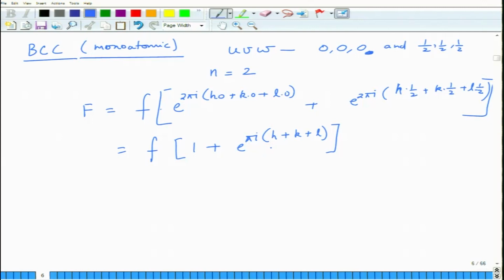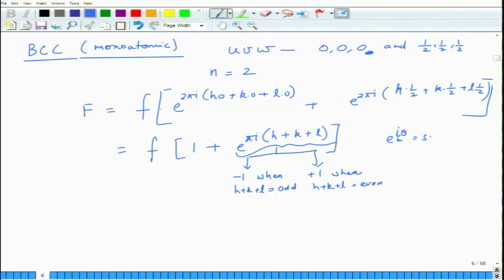When is this term finite? You can see that this will become minus 1 when h plus k plus l is odd, and plus 1 when h plus k plus l is even, because e to the power i theta is equal to cos theta plus i sin theta.